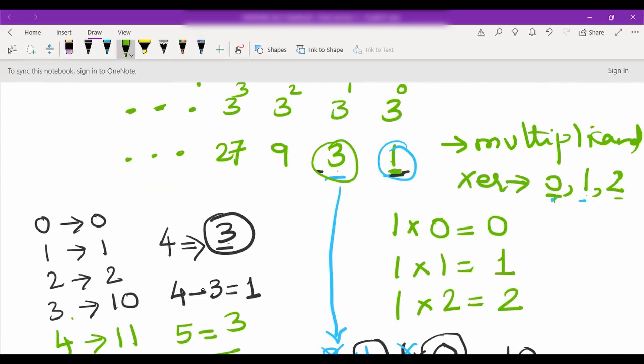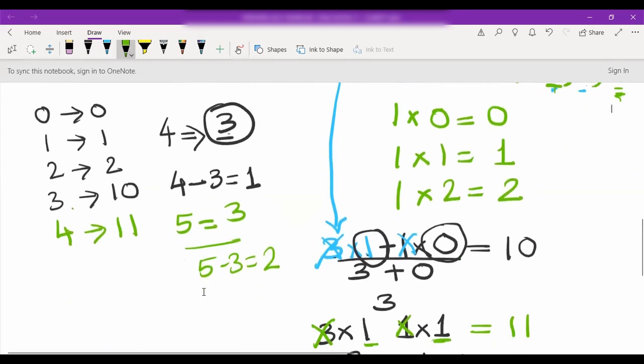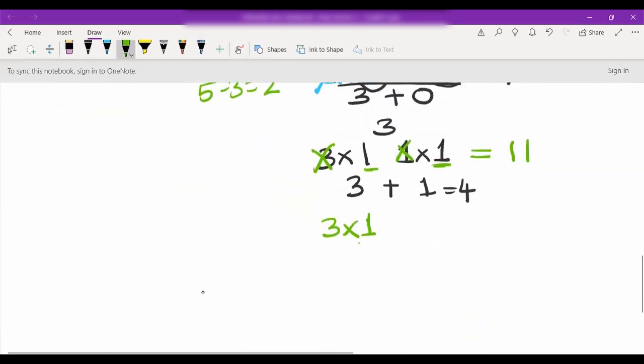So I am going to multiply multiplicand 1 with the multiplier 2, so that I will get the answer as 2. So I will use multiplicand 1 from the base 3 and multiply it with the multiplier 2. Now 3 into 1, the product is 3, and 1 into 2, the product is 2. Now we want to add them, so that I will get number 5.